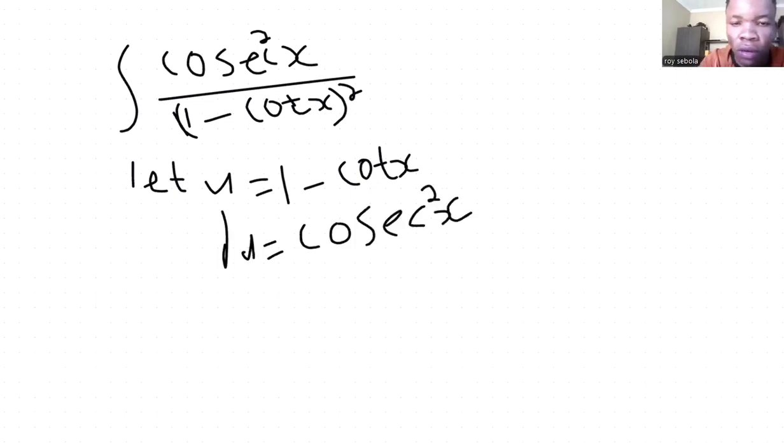That means we will divide both sides by cosec squared x. We'll have dx is equal to du divided by cosec squared x.